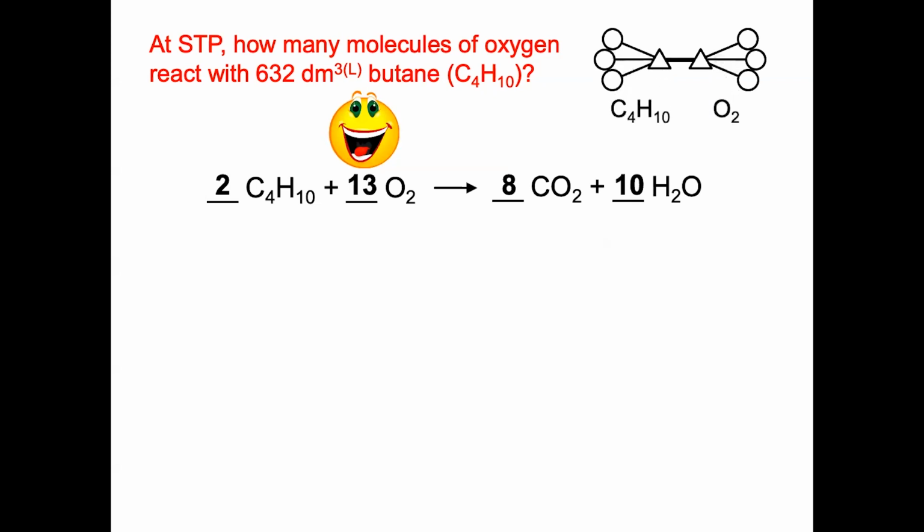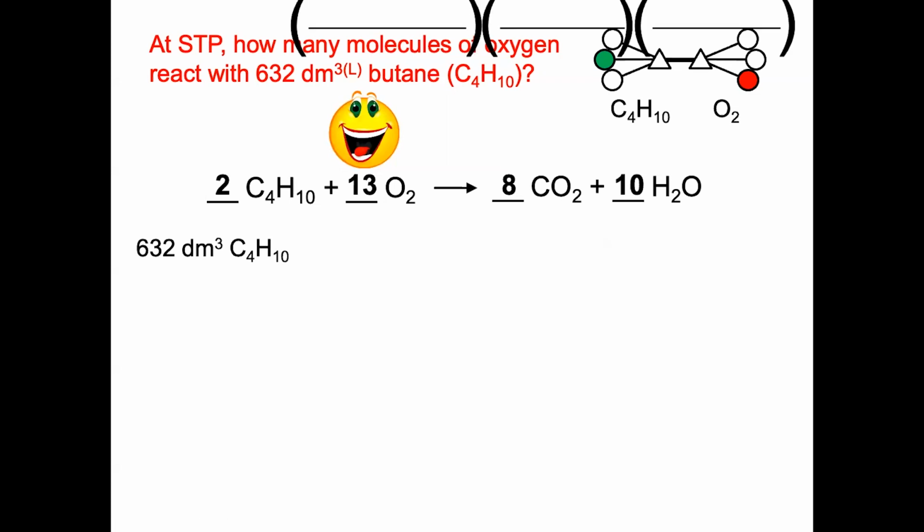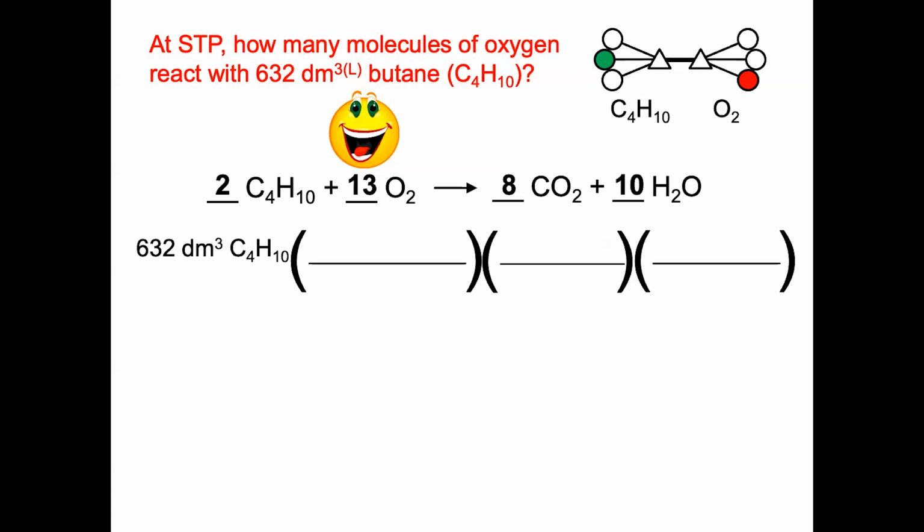So let's now get to the heart of this problem here. Okay, so you're given liters, correct? When you're given something in liters at STP, we have to use the fact that 1 mole of gas at STP will occupy 22.4 liters.